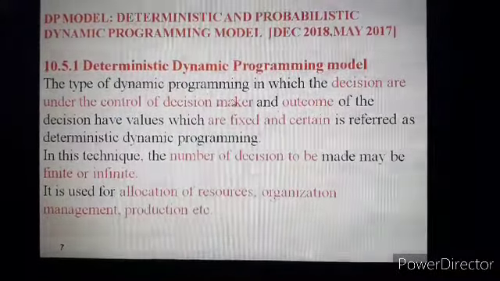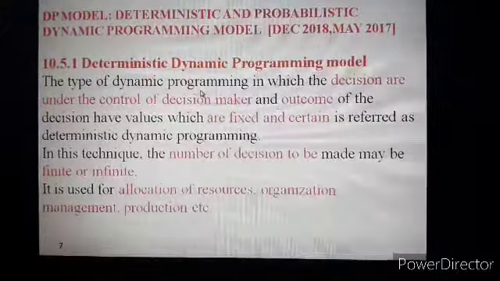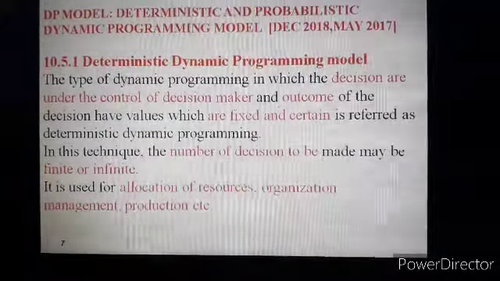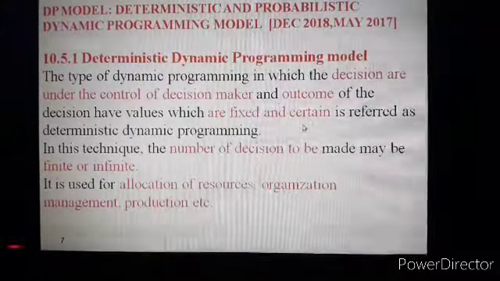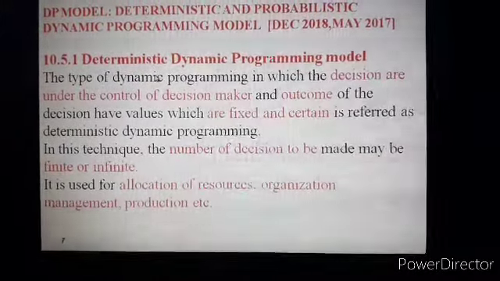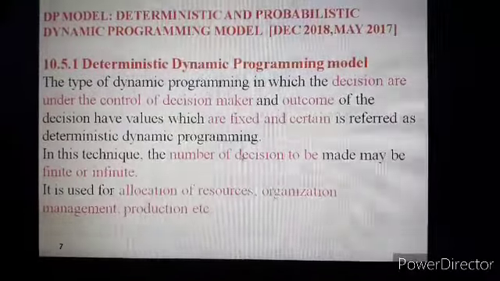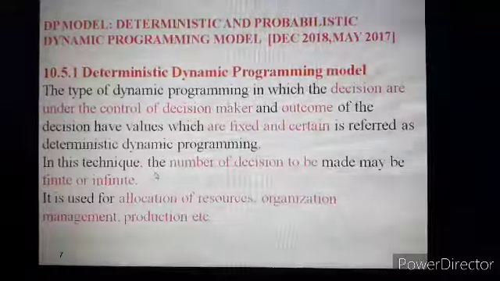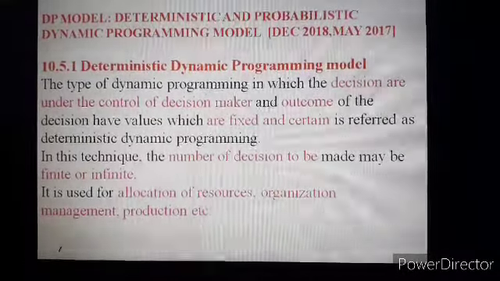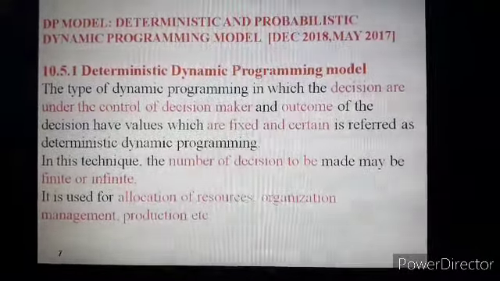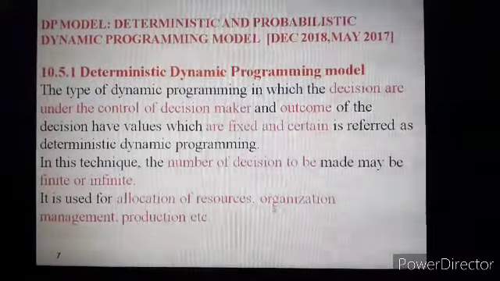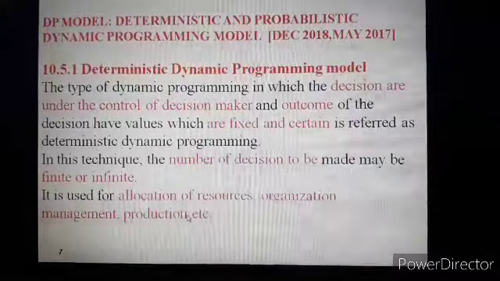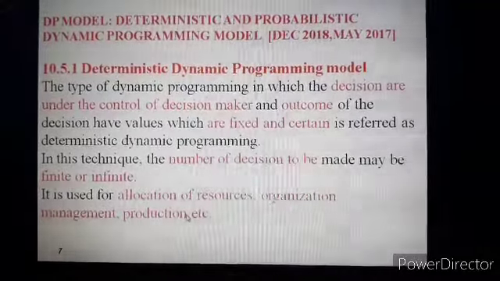Deterministic models deal with decisions which are under the control of decision makers, and the outcomes of the decisions have values which are fixed and certain. The number of decisions to be made may be finite or infinite. We can use deterministic models for problems such as allocation of resources, organization of management, or production of various jobs for our industries.